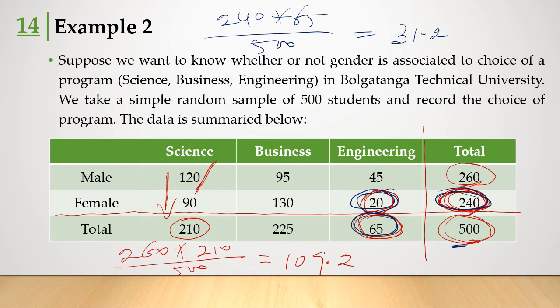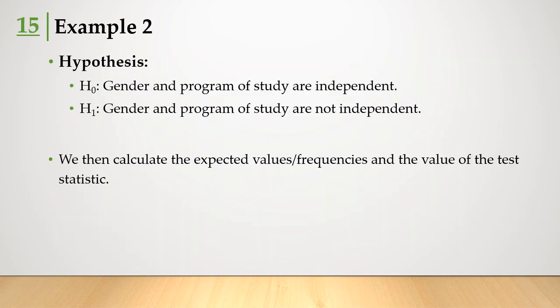So we will need to draw a table and put them inside. Now what I like to do is to pair them, so that the next stage of the calculations can be done without any problem. First of all, we need our hypothesis.